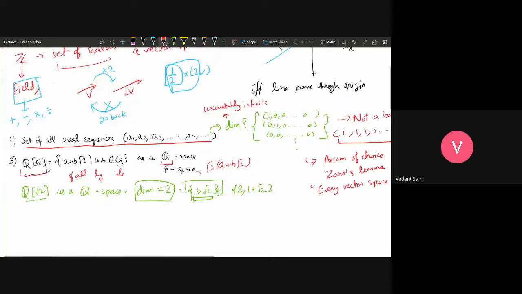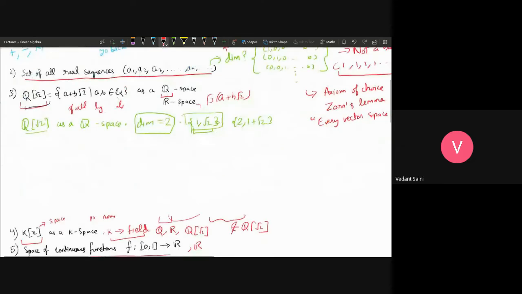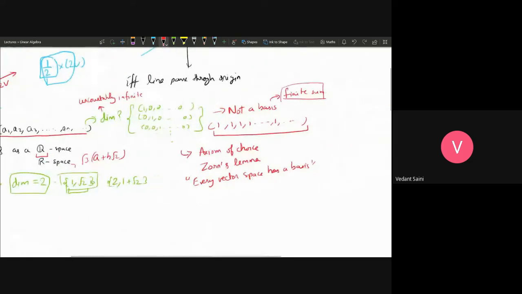Wait, why is 1 1 1 1 1 not a reachable vector? Because all of these terms, this set is countably infinite, right? Yeah, but the span only allows finite sums.